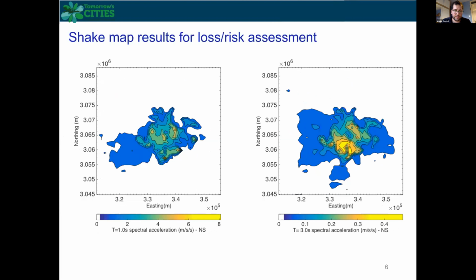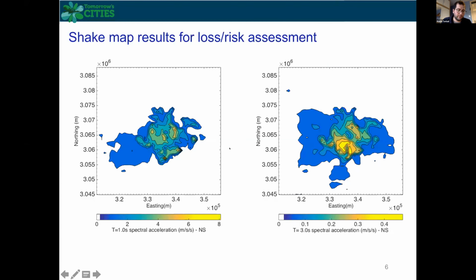And these are the other contents of the ground motion. This is the spectral acceleration for 1 second structure, you can imagine. And this is for 3 second structure. Obviously because of the deeper structure of the basin, the low frequency content of ground motions are more affected. So high amplitude you will see here in this region as opposed to the rest.